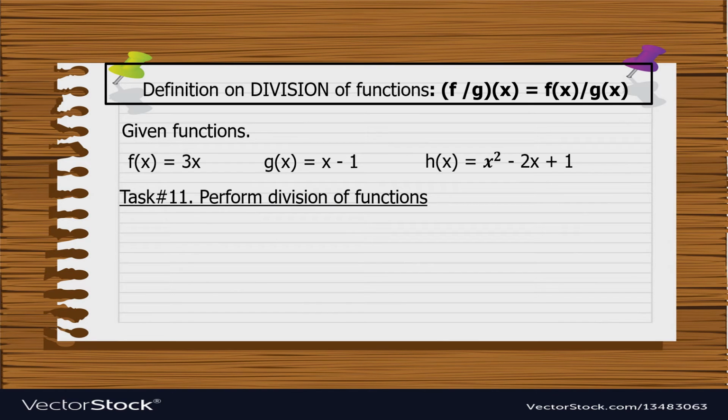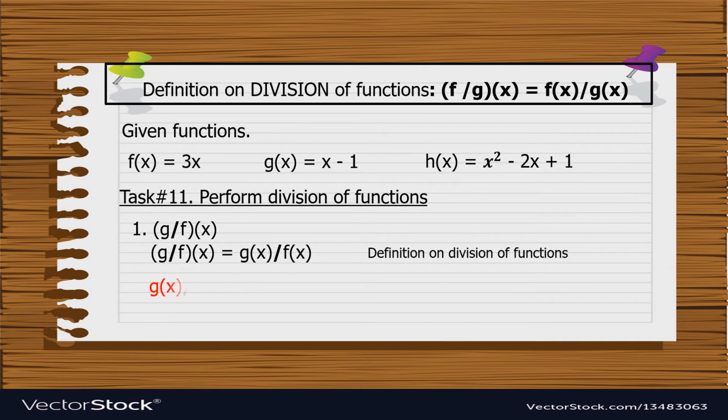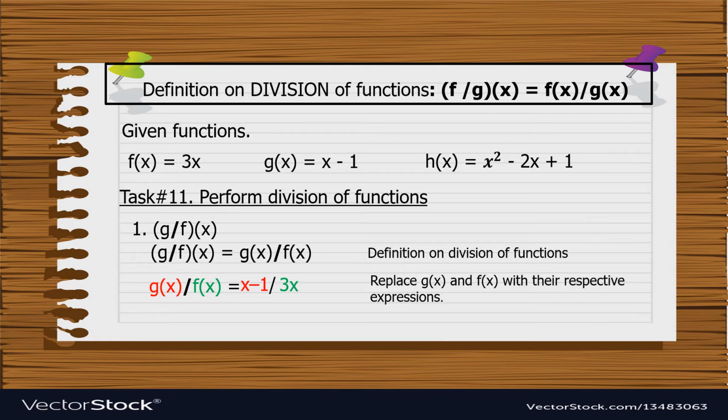For your task number 11, you need to find the quotient of g of x and f of x. G over f of x equals g of x divided by f of x, and g of x over f of x is equivalent to x minus 1 over 3x.